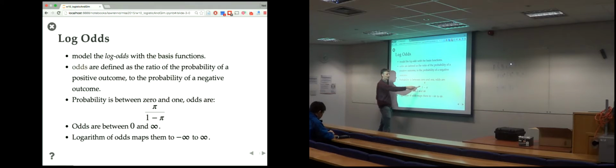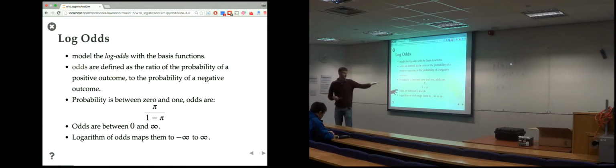First of all, we're going to look at the odds ratio. The odds ratio is the ratio of positive to negative. It uniquely determines pi, although it involves pi twice. There's a unique mapping between odds and the probability. In fact, this is how bookmakers quote probabilities.